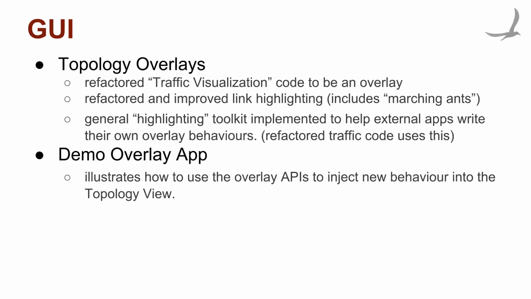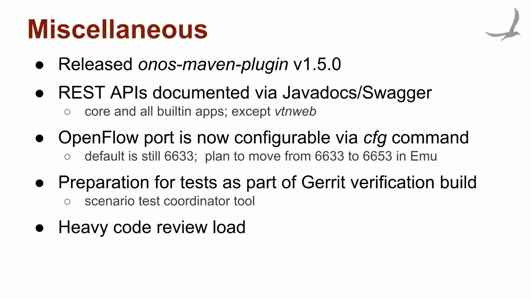We've created a general highlighting toolkit that allows an application to use an API to instruct the topology view to highlight links and or nodes and show information. The traffic visualization has been reworked to use that API toolkit. I've also implemented a demo overlay application which shows that we can control particular aspects of that visualization. Probably better to show you later than to labor over a textual description. Sounds great. Thanks, Simon.